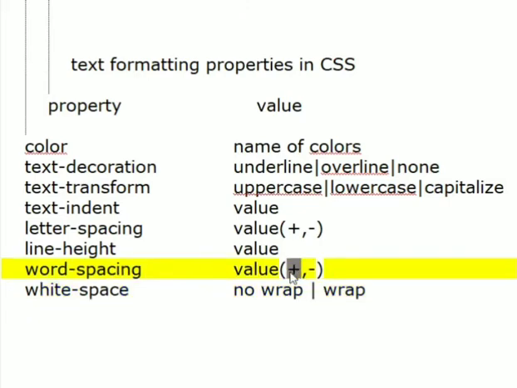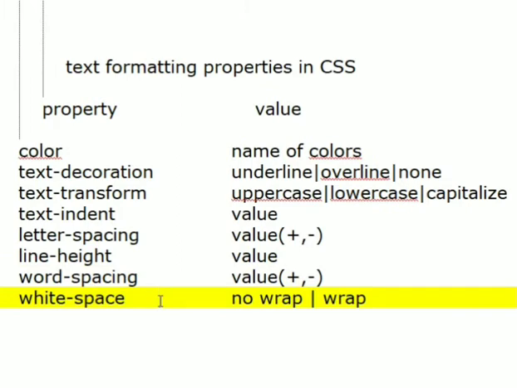This also uses negative and positive units of measure. If you use a positive value, it will apply spacing between the words. If you precede a value with a minus, it will remove the spacing between the words.